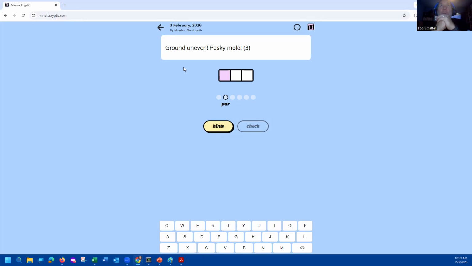Par is two hints. It's not trivial. Uneven. I take that same logic of taking out the uneven parts. ESY isn't anything that means anything to me. And then I'd have ground and mole on both sides that I wouldn't have done anything with.